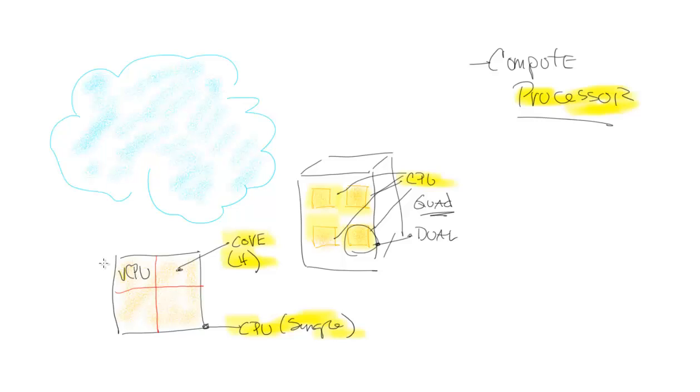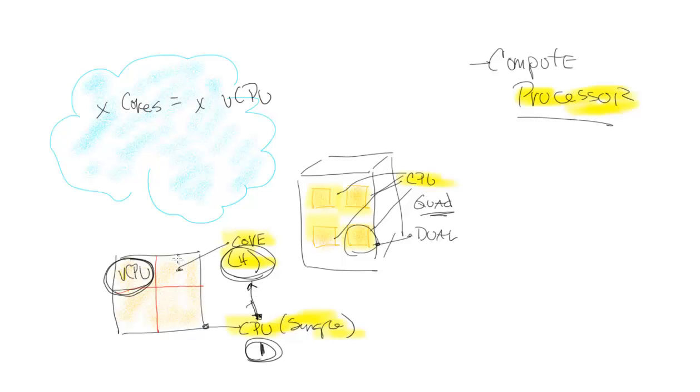And dependent upon the hypervisor that you use, you're going to have an equation that says X cores equal X virtual CPUs. So for example, I may have one core here. Remember, this is one physical CPU. I have four cores in this single physical CPU chip.